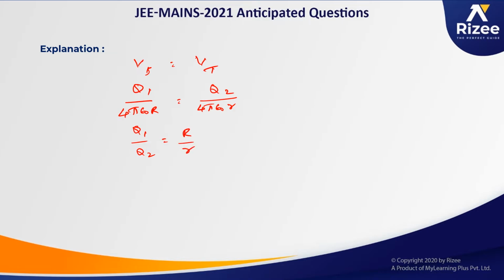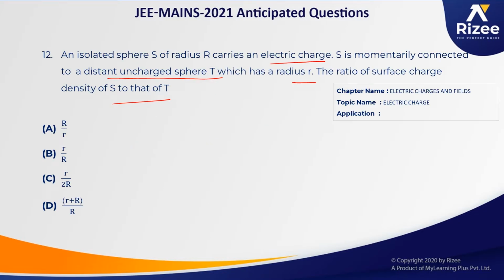But we know that the charges can be written as surface area into surface charge density, which is 4 pi R square into sigma 1 by 4 pi small r square into sigma 2. On solving this one, you can get sigma 1 by sigma 2, that is the surface charge densities, in the ratio of small r by capital R. Small r by capital R, that means your option is B.